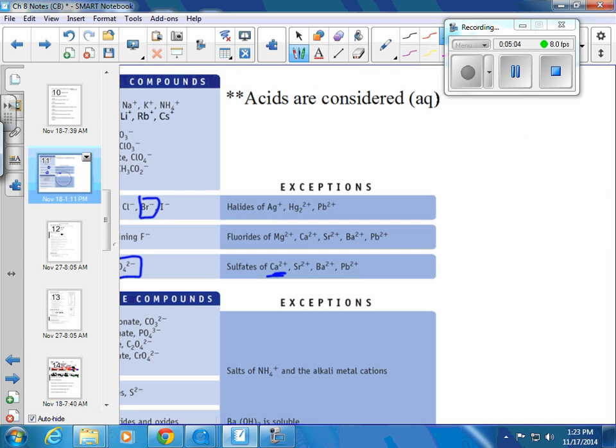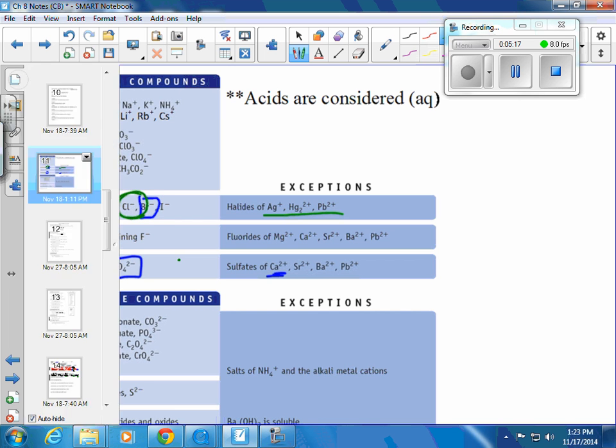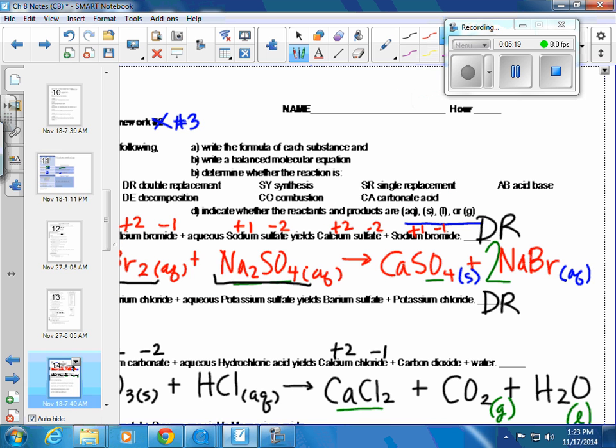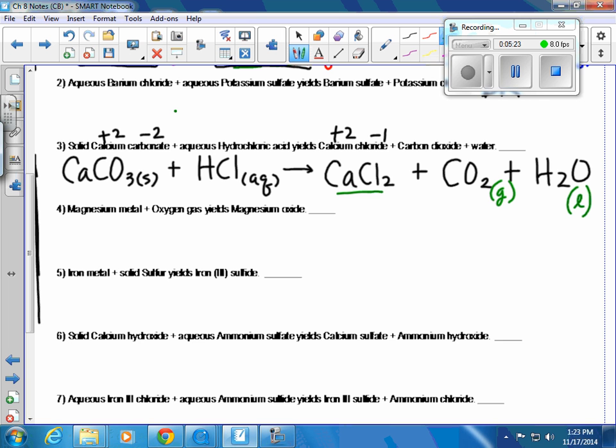So I need to go back and find my chlorides. And here it is. Here's my chloride. And calcium is not an exception over here, so that means it's going to be aqueous.